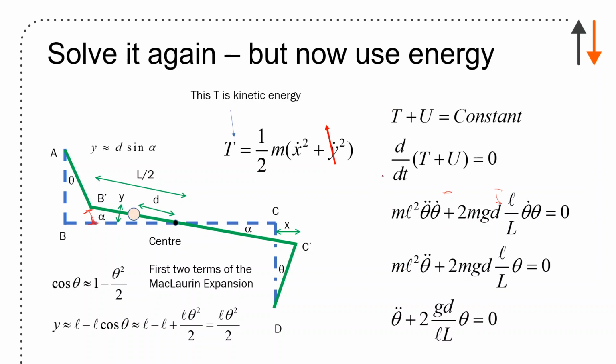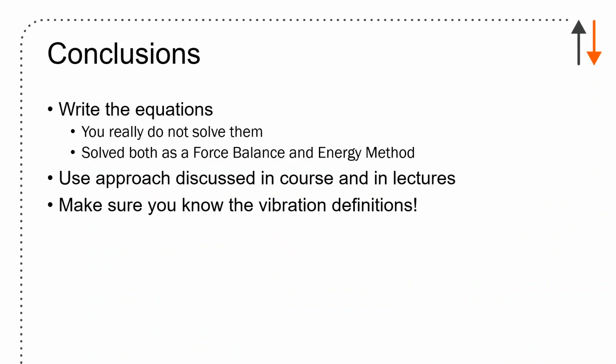I take the time derivative, I end up with all these expressions, and I can get rid of these right here. And I end up at the end with this expression: m L squared theta double dot plus twice m g d L over script L times theta equals 0. And hey, look at this. It's exactly the same as what I got in the previous part. And that's my omega squared. So T is the same value, which is not a surprise.